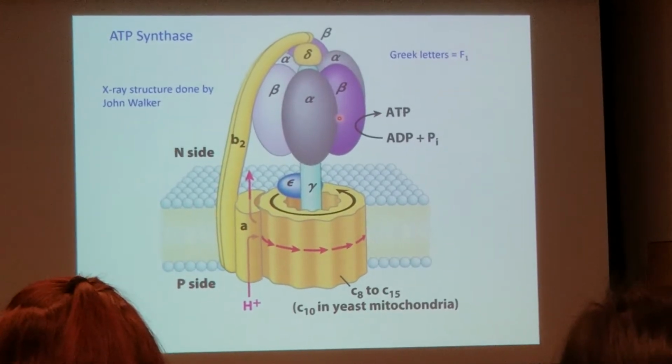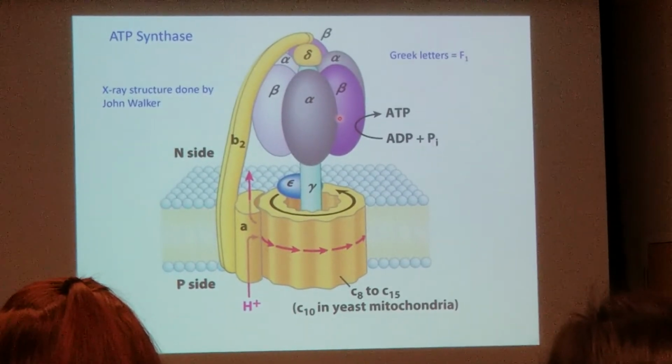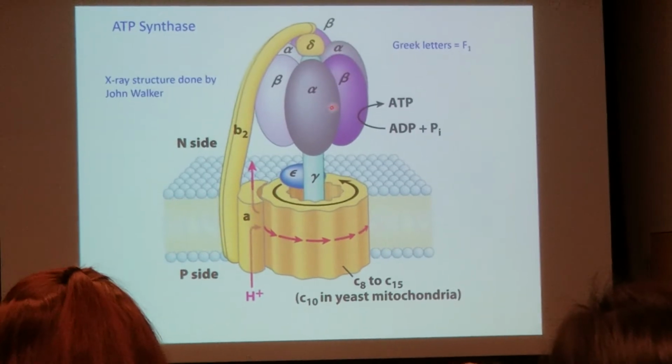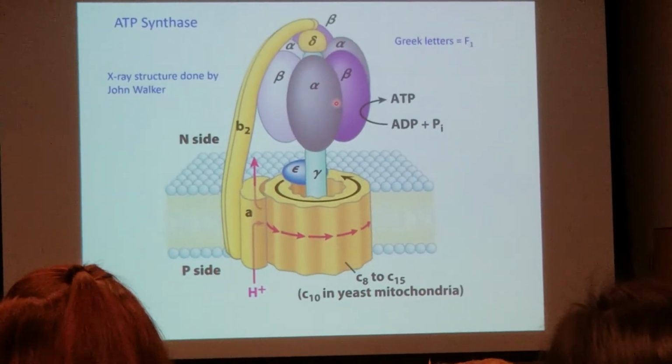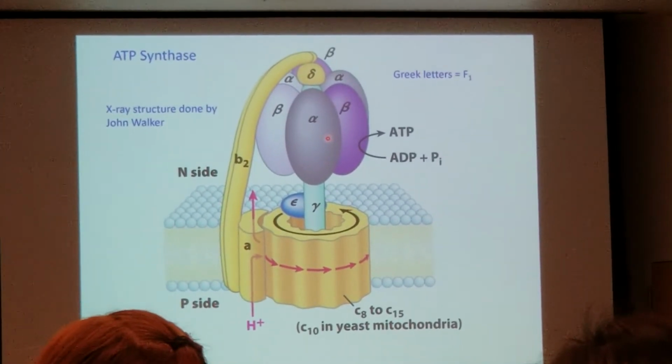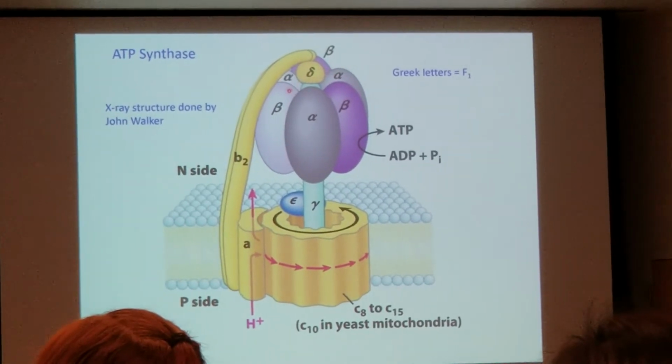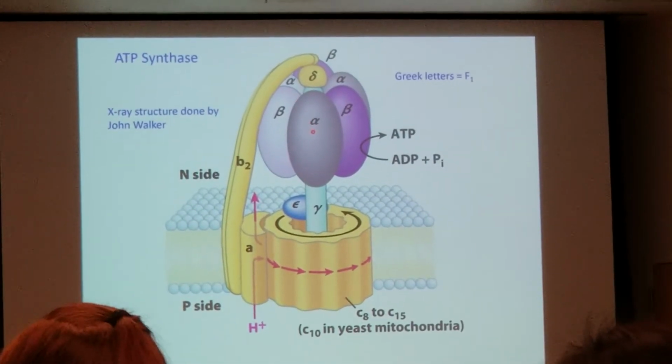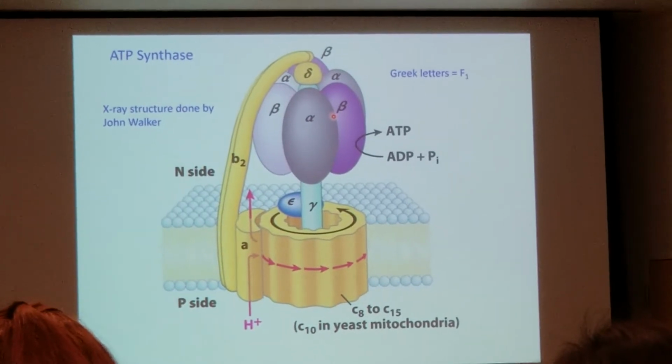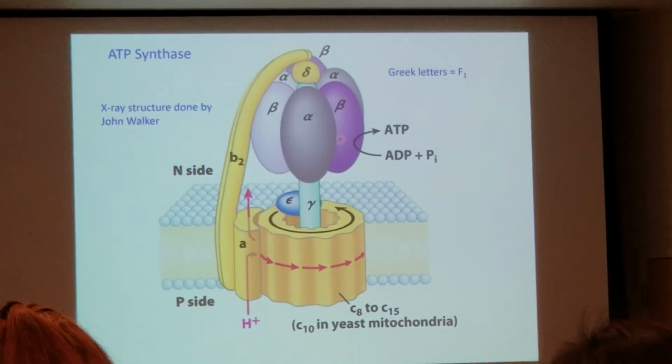So the enzyme active site is at the interface and requires both the alpha and the beta to create it. And since there are 3 of these dimers, that's why there are 3 enzyme active sites in one ATP synthase.